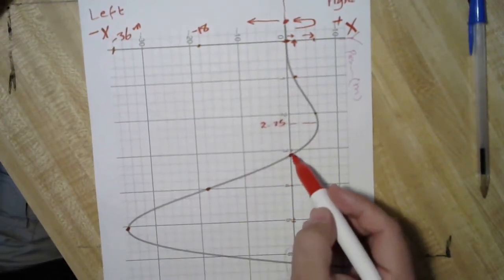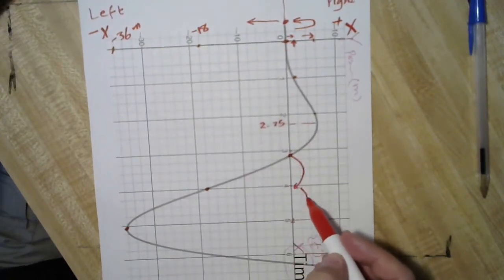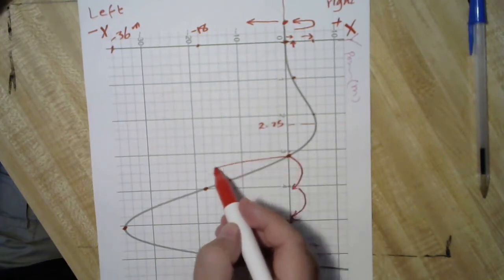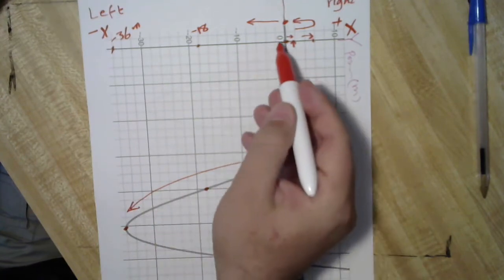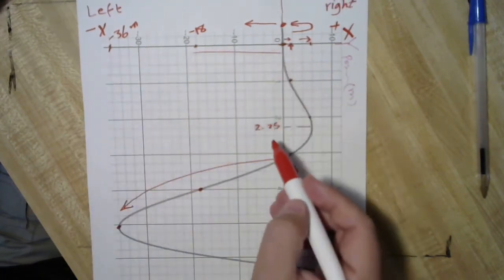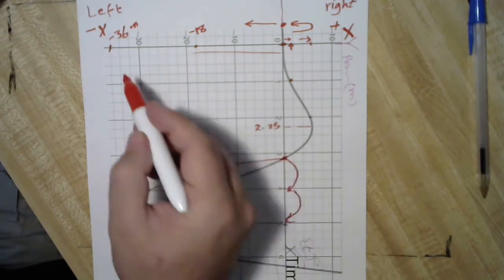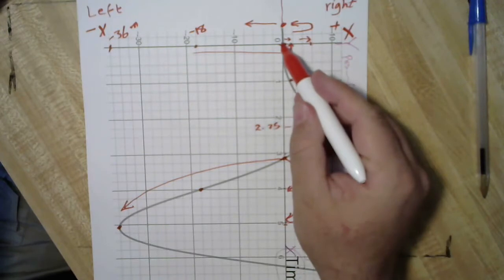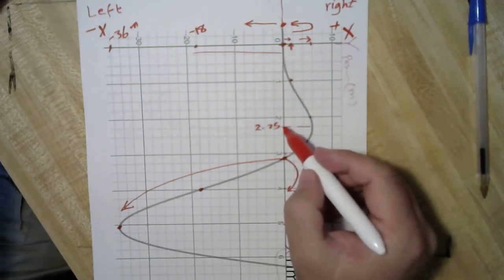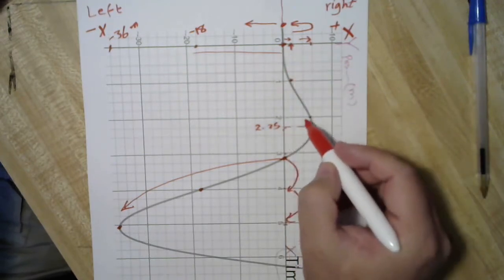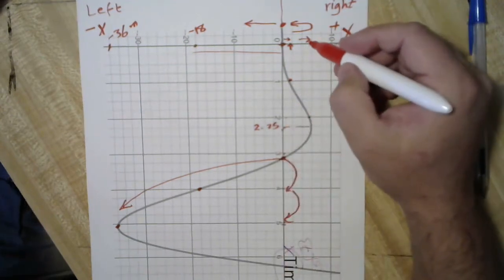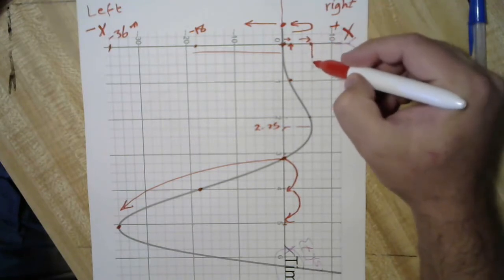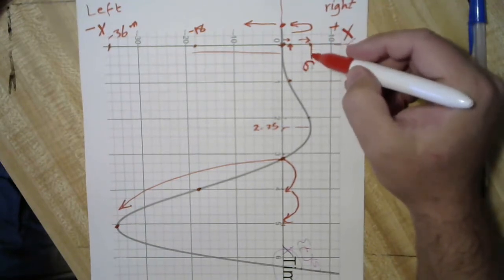In 2 seconds, from 3 to 4, from 4 to 5, it changes its position from 0 to negative 36. But from 0 to 2, almost, it changes its position from 0 to 6 meters.